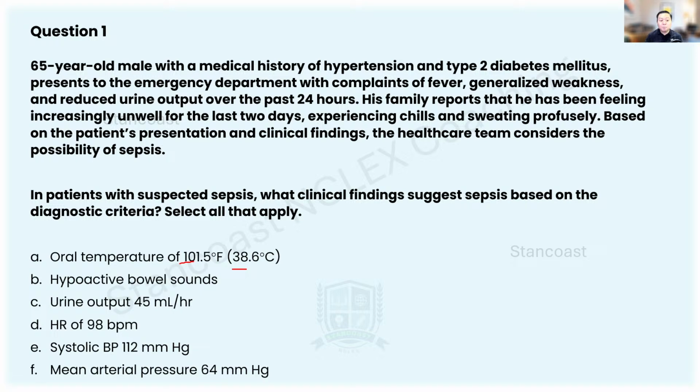So anything above 100.9 degrees or above 38.3, this is one of the criteria in identifying a systemic inflammatory response.